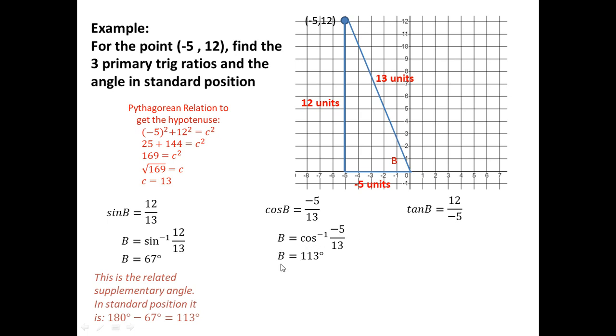So we see that this number is greater than 90. This is an obtuse angle. So we can say that this is our primary angle. This is the angle in standard position already.